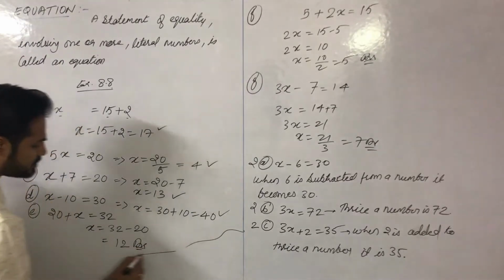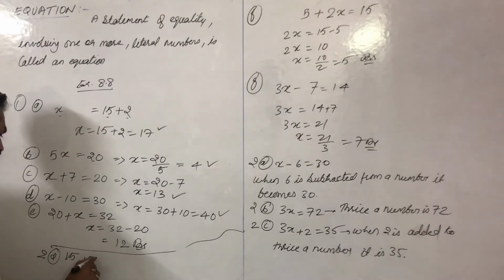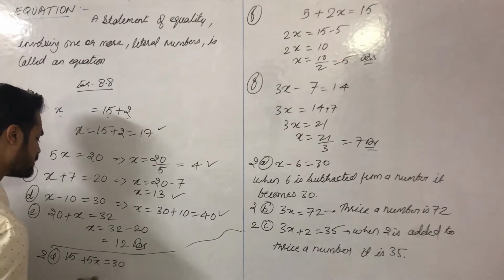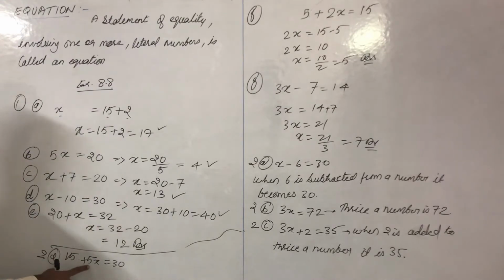And last part D, 15 plus 5x equals 30. Again this equation is similar, so what to write? When 15 is added to 5 times a number, it is 30.